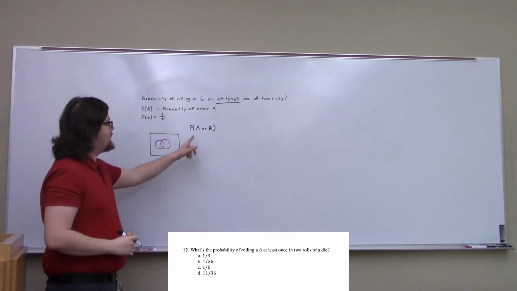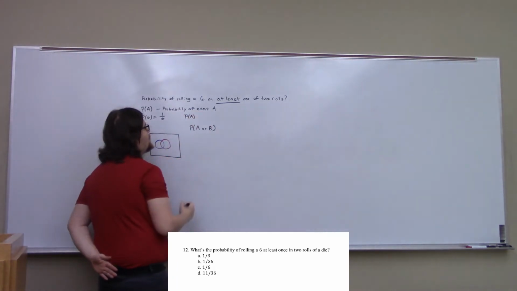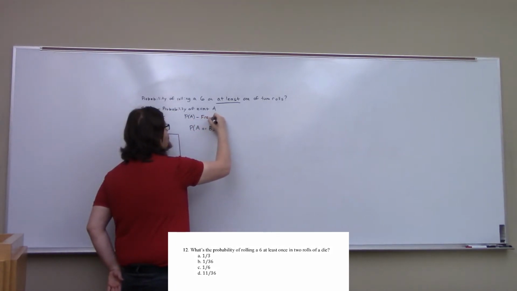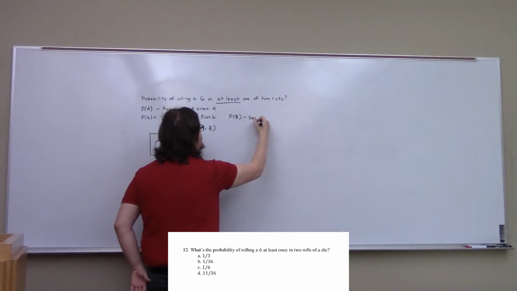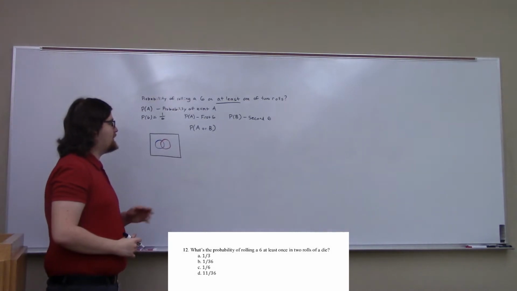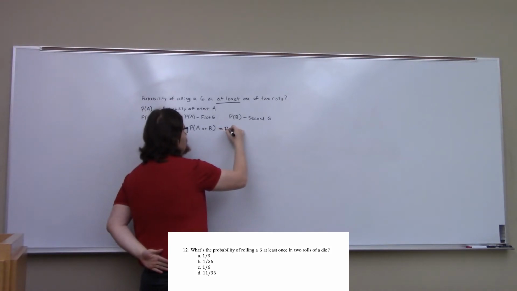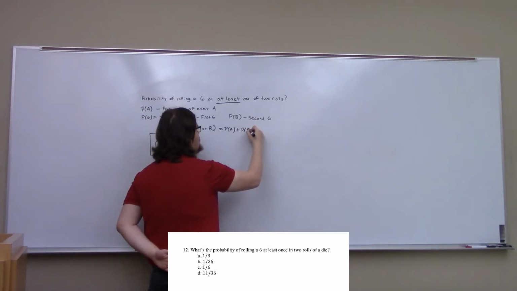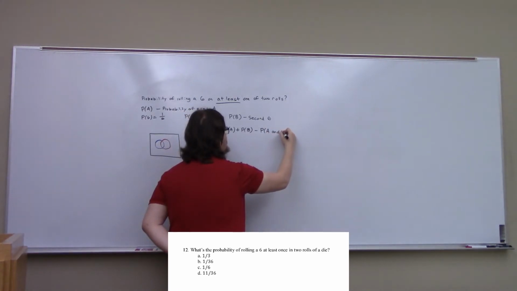In this case, the probability of A is our first 6, and the probability of B is our second 6. We can represent this formula: the probability of A or B happening is given as the probability of A plus the probability of B minus the probability of A and B.